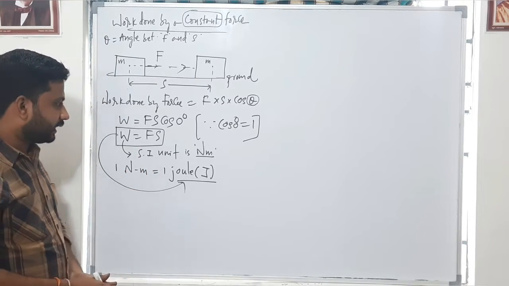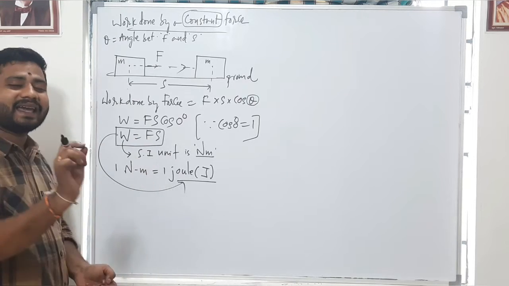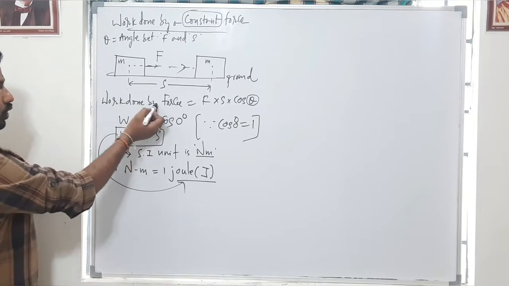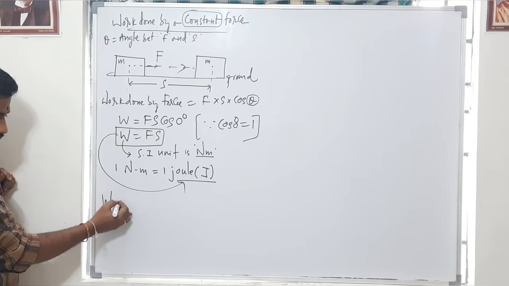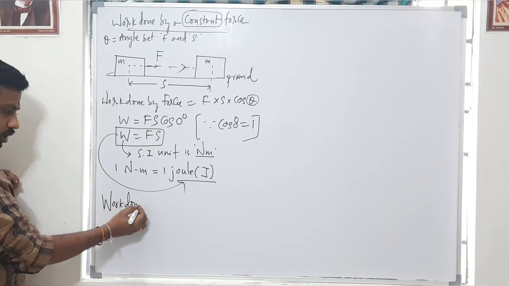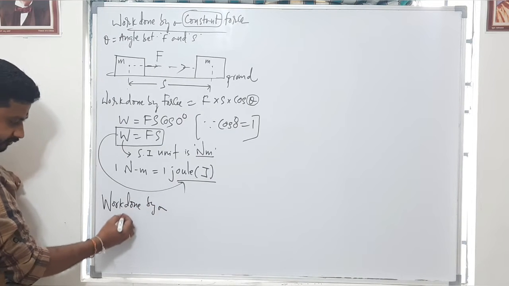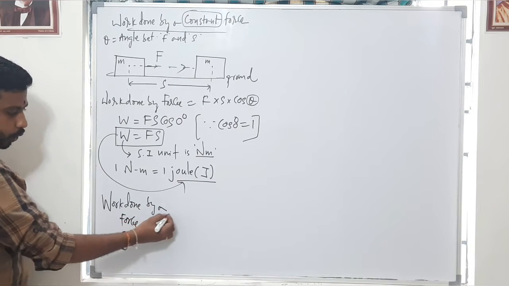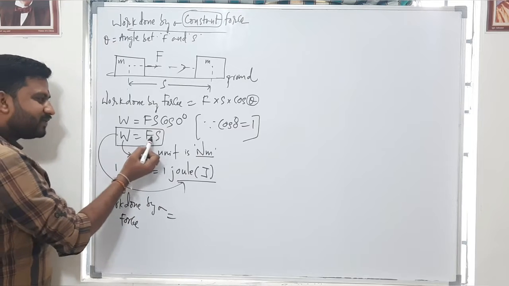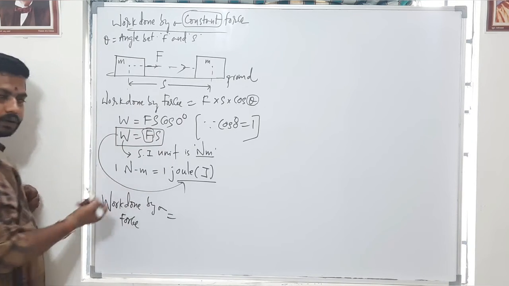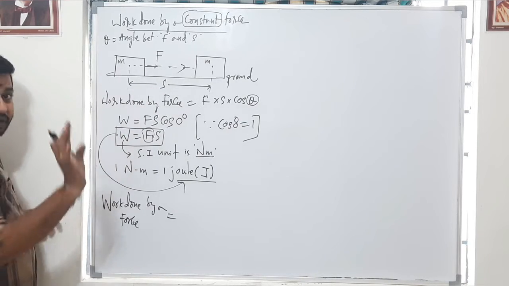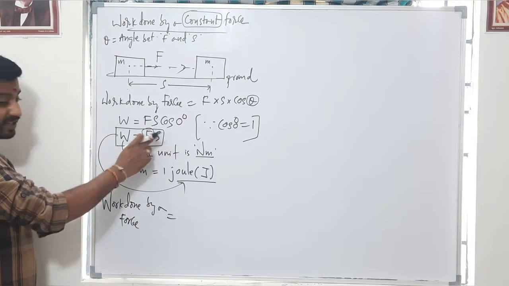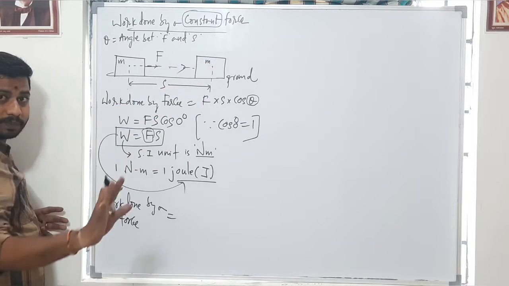Understand? So let's start the concept of work done, the actual definition of the work done. So I am writing here, work done by a force is equal to what? This is force, right? So this is the force in the direction of displacement. Yes or no? When you are writing F into S, this F must be in the direction of displacement, right?